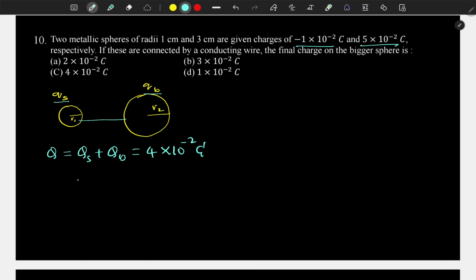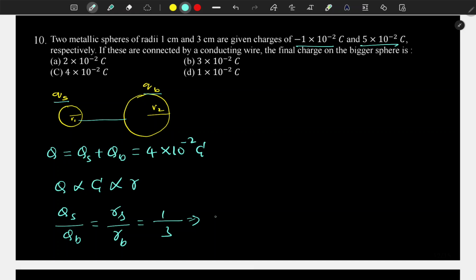Therefore I will take the formula of Q, which is directly proportional to C, which is directly proportional to radius. So Qs by Qb is equal to Rs by Rb, that is equal to, Rs is 1 centimeter, radius of bigger sphere is 3 centimeter.